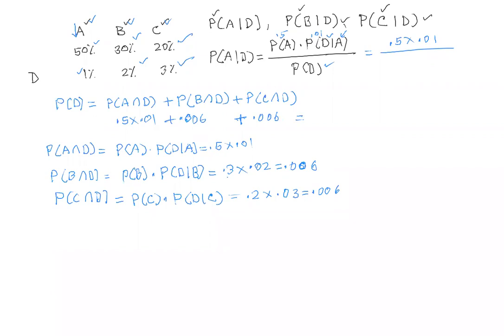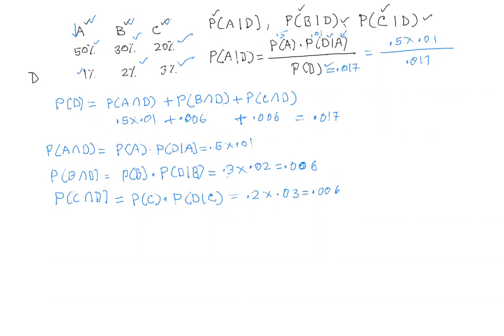Okay, so which is 0.006, 0.006 times 2 plus 0.5 times 0.01 is 0.017. So probability of defective is 0.017.